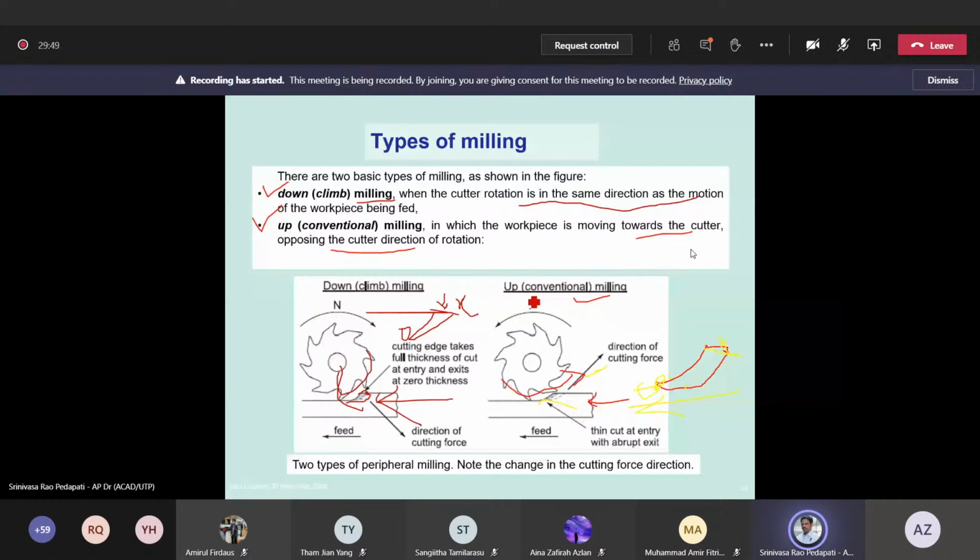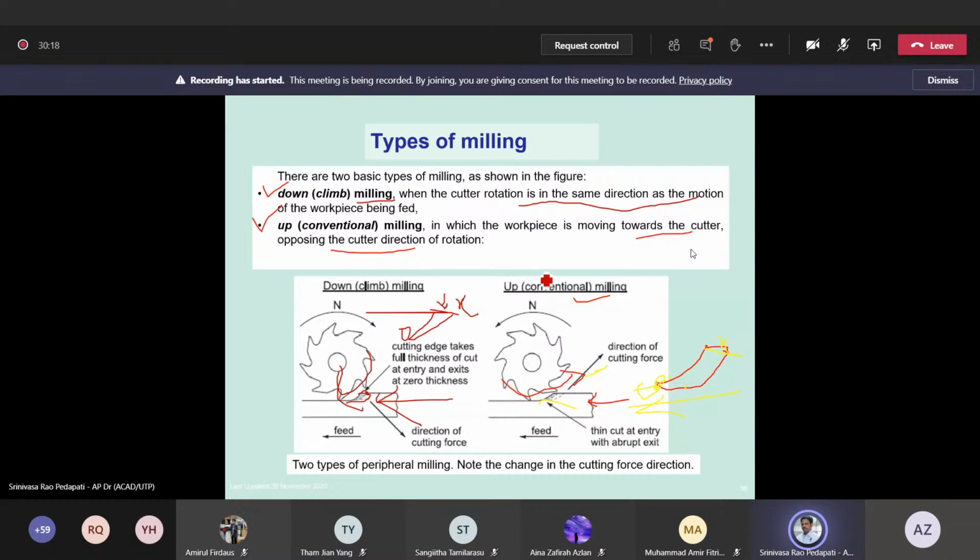In up milling, the cutter and feed directions are opposite to each other. Therefore the chip thickness starts at 0 and increases to x, whatever x you are providing. Whereas in down milling, it starts at x. That means if the depth of cut is, suppose, 2 mm, it starts at 2 mm and then goes to 0. This is the basic difference between up milling and down milling.